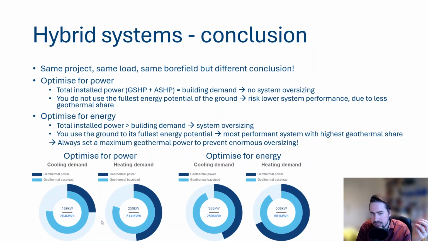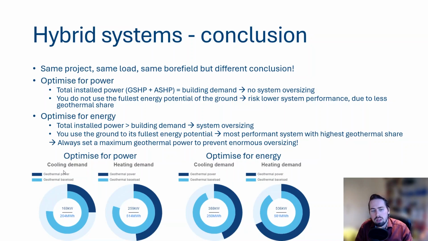So if we optimize for power, our 80 boreholes, we see that we can have around 75% of cooling and somewhat more, let's say 80% of heating share from an energy perspective on our geothermal system. But if we optimize the borefield, that same 80 boreholes with the energy optimization algorithm, we can get up to 95% of geothermal share. So that's an important difference.